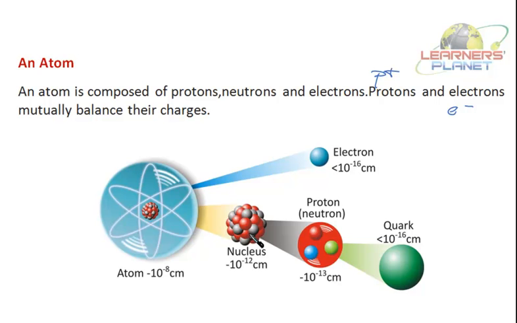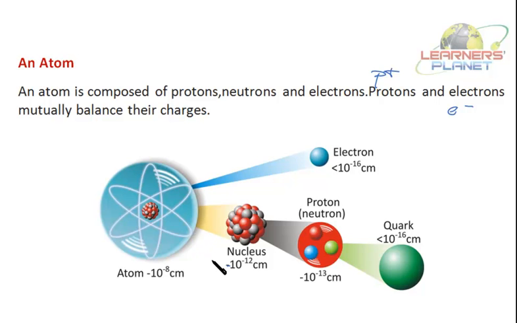This is the nucleus, 10 to the power minus 12 centimeters. Do remember this. The nucleus has got the proton and the neutron, and it is giving the very small particle, that is the quark.